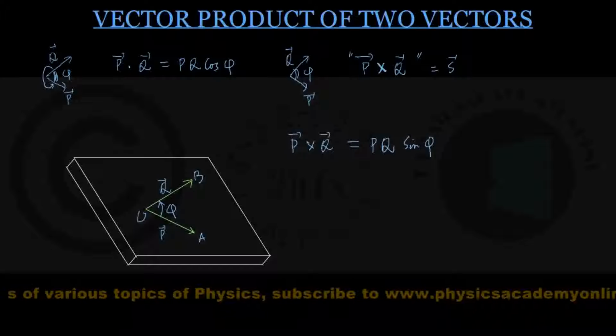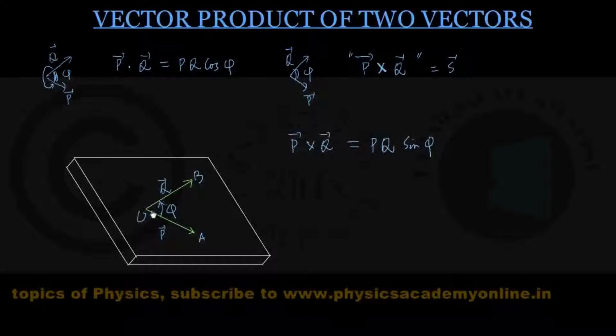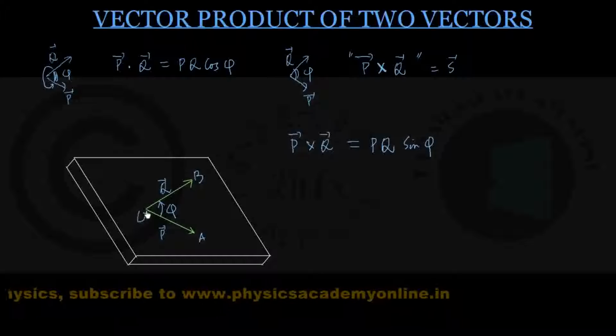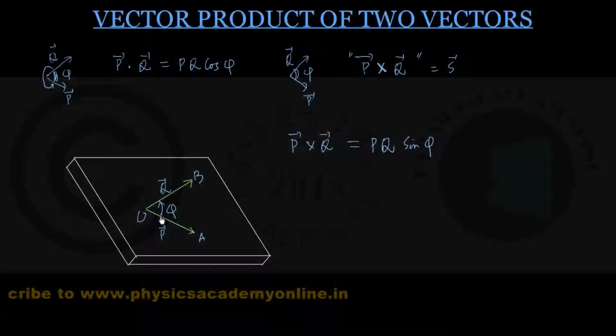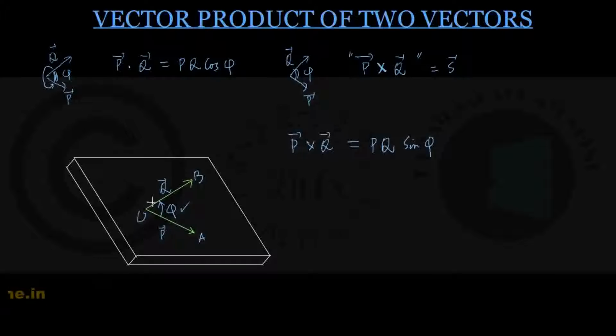You can always measure an angle between two vectors, first letting their tails match. And when you make their tails match, you can measure the angle, and the angle could have been either this, or it could be the larger angle like this, but you don't take the larger angle because sine of 360 minus theta is minus sine theta, and you don't take that.